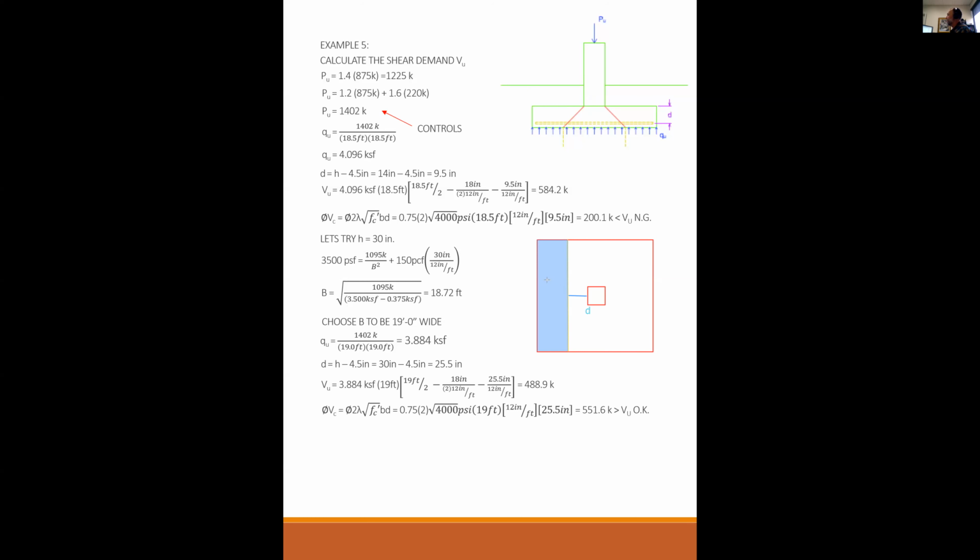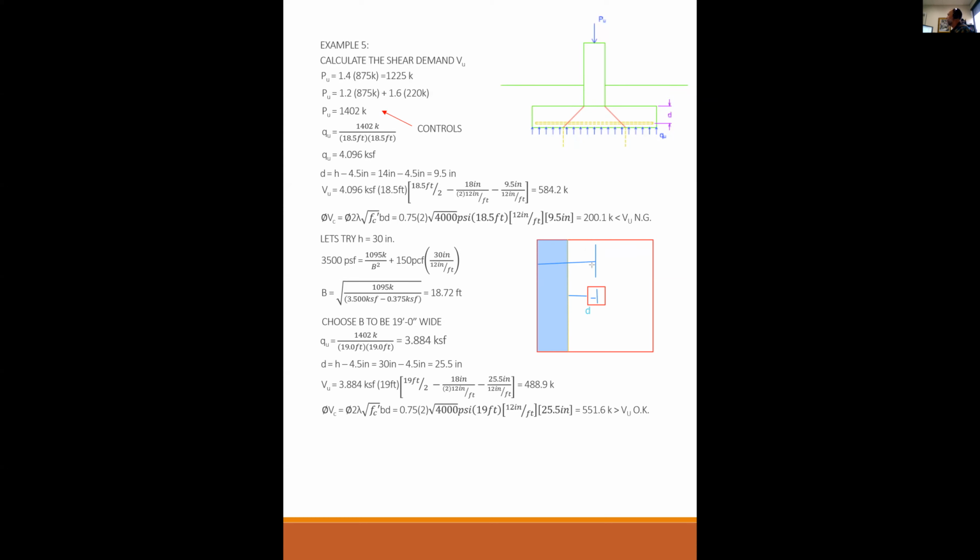But how do I get this area? I don't know this distance, but I know the distance halfway. I know half of the column is that distance, and I know this distance is D.